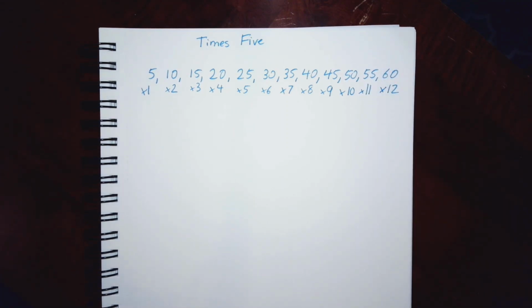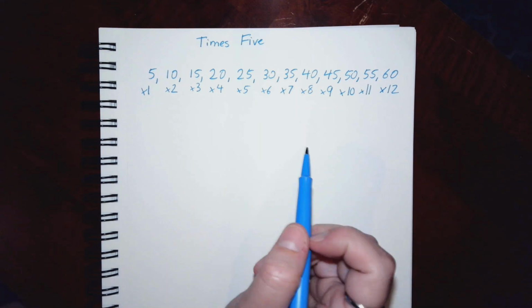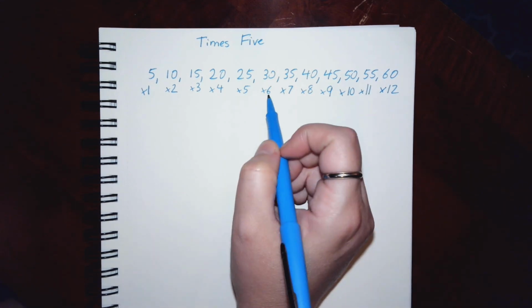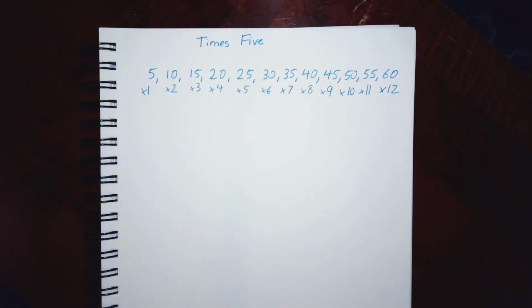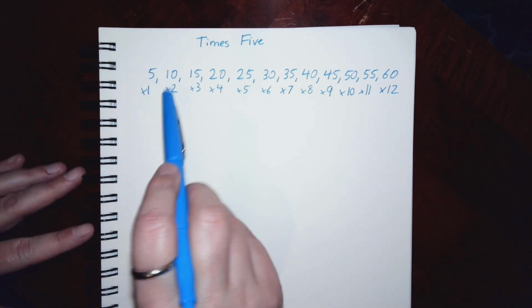Now, the 5 doesn't always have to be in the beginning. Remember, commutative property. If it was 3 times 5, it would still equal 15. If it is 6 times 5, it will still equal 30. But there's one other thing I want you to notice. This is something that you're going to notice as you're looking at multiplication facts as a whole.